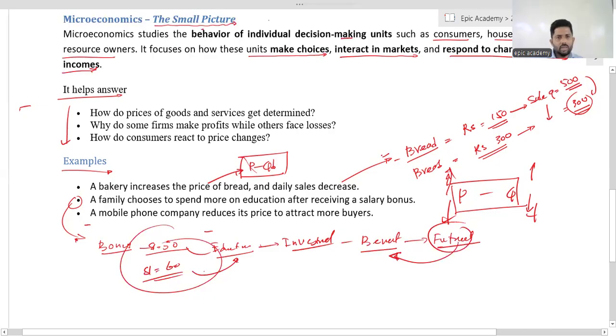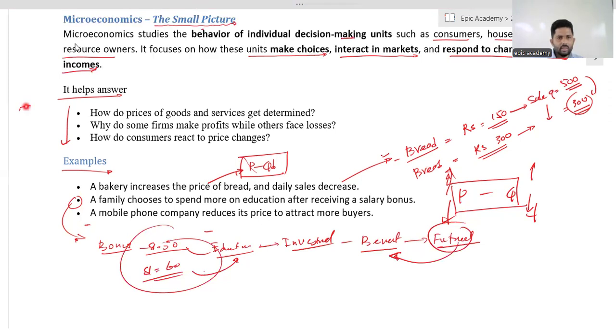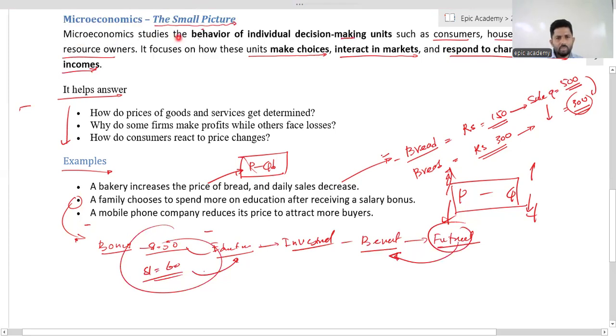So look at this one. In the definition, they say that microeconomics studies the behavior of individual decision-making units. Yes, it is one of the decision-making. They increase spending because of the salary bonus, so they are going to spend on education. It's individual.